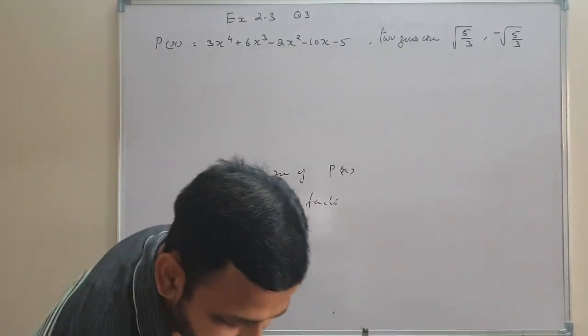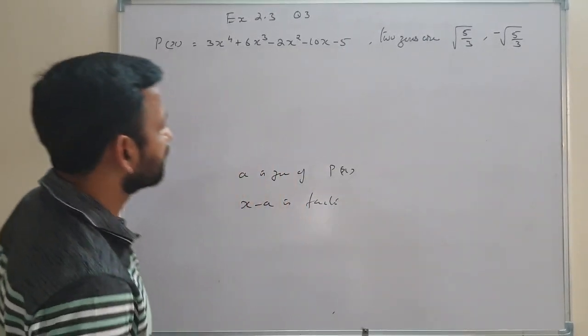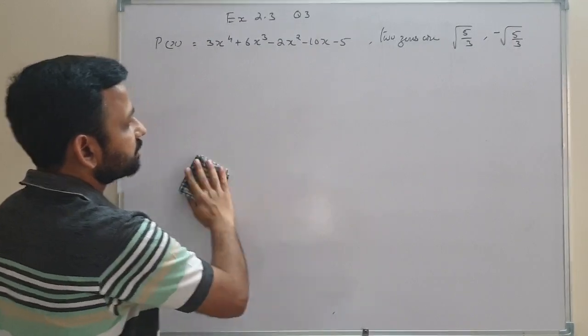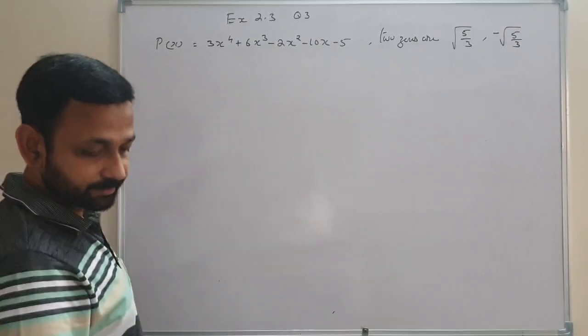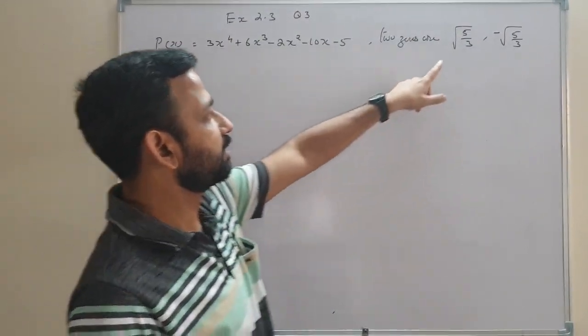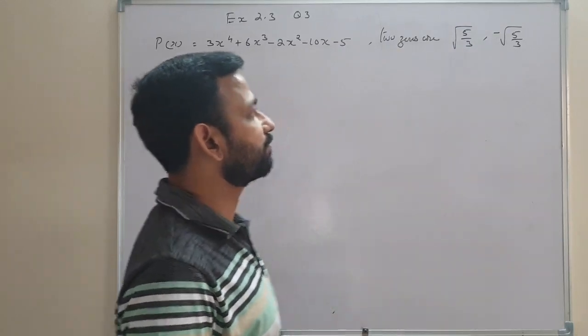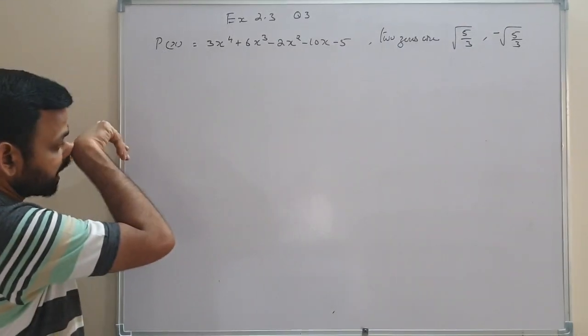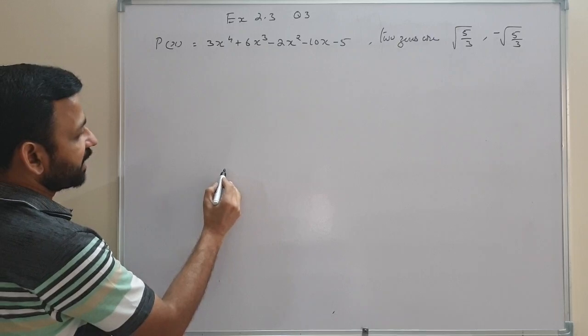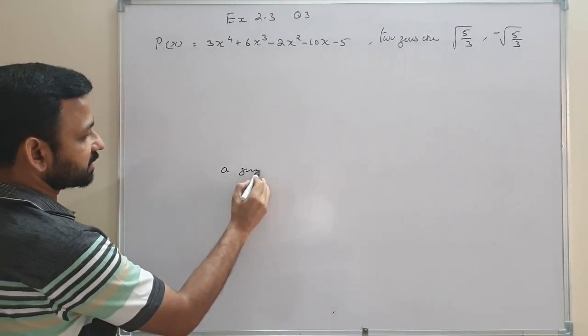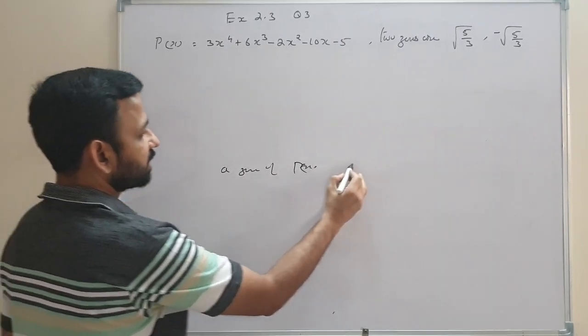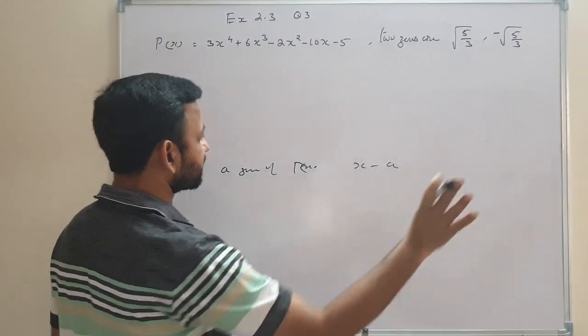So here two zeros are given, root 5 by 3 and minus root 5 by 3 are the zeros of the polynomial. If a is a zero of p(x), then x minus a is a factor.